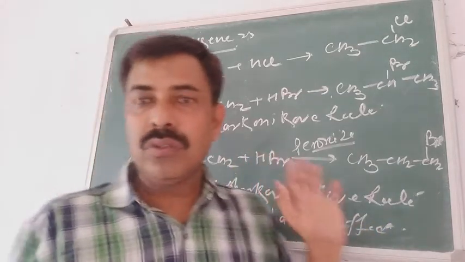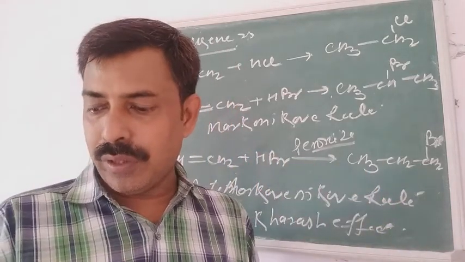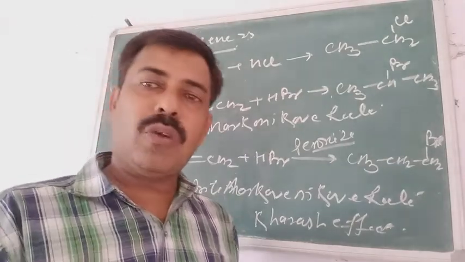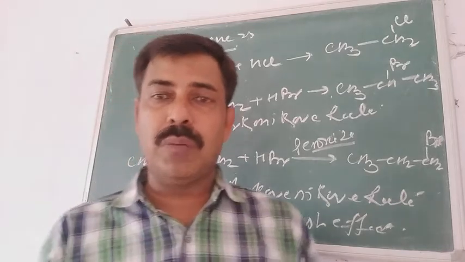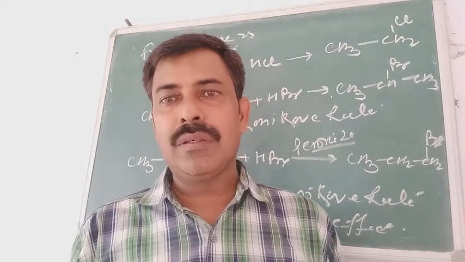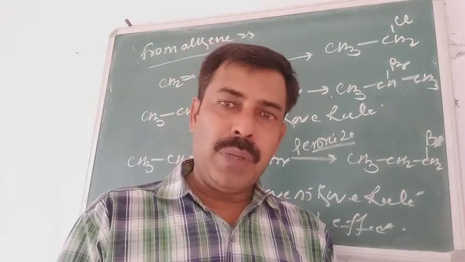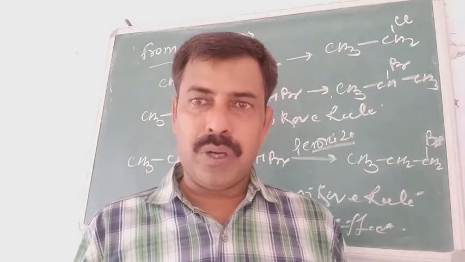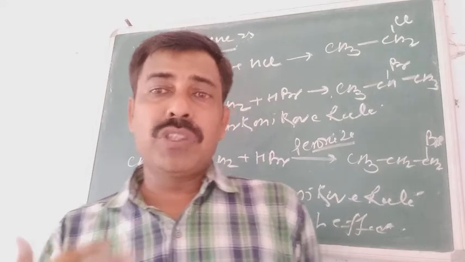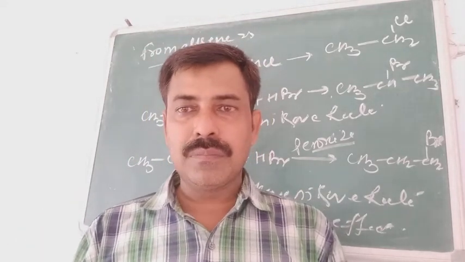Then how are they giving different products? The Anti-Markovnikov is giving the product on position number 1, and Markovnikov is giving it on position number 2. How will you explain why Markovnikov leads to one product and Kharasch to another? For that you must study the mechanism.